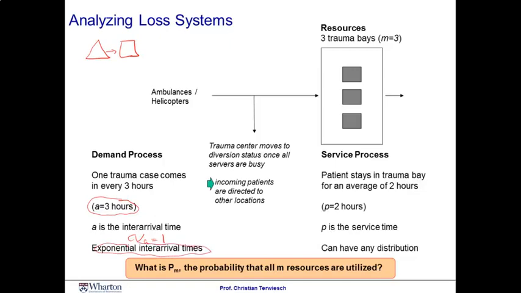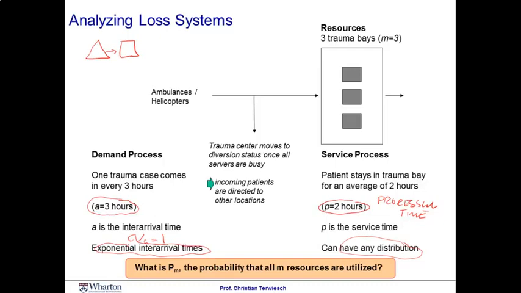On the service process, we find that in this trauma center, patients stay on average in a trauma bay for 2 hours. This is nothing else but our good old friend, the processing time. Again, it is naive to believe that, Toyota-like, the patients would stay exactly 2 hours in the hospital, but P can have any distribution, though it turns out that the standard deviation of this distribution will not matter for our analysis.